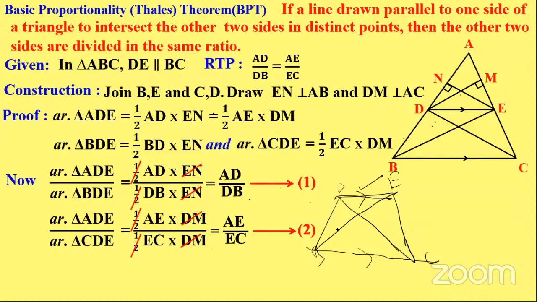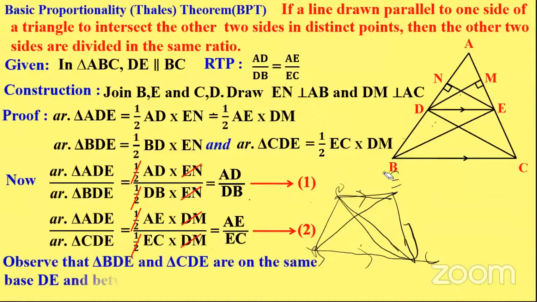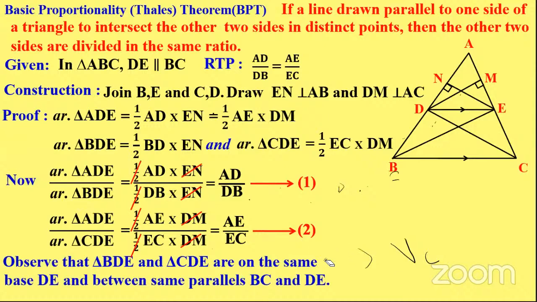See in the picture. Triangle BDE and triangle CDE have the same base DE and lie between the same parallels BC and DE.